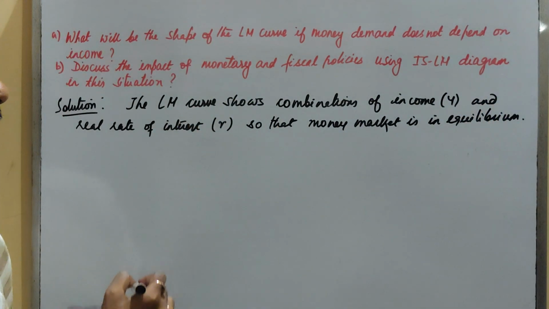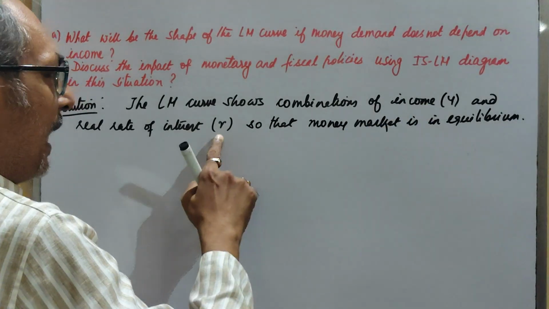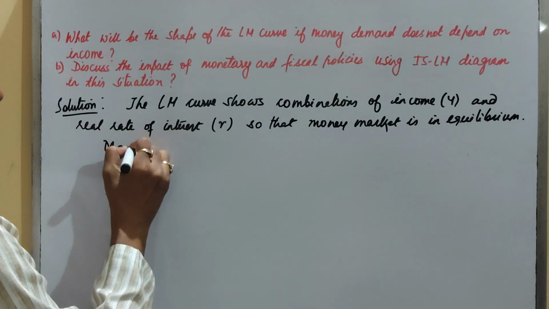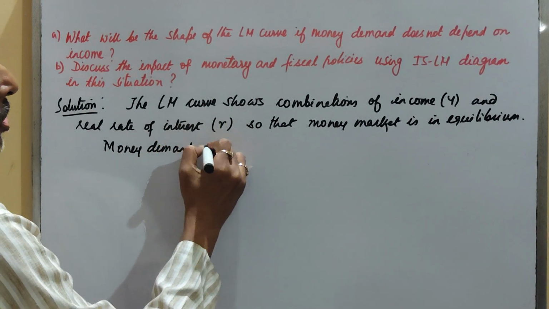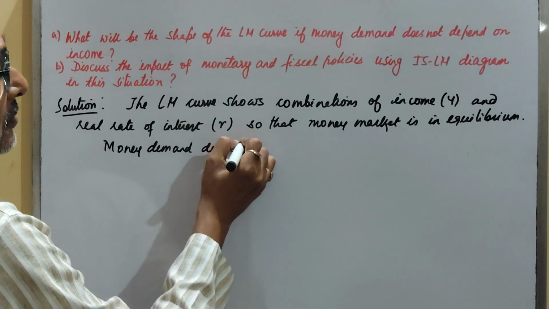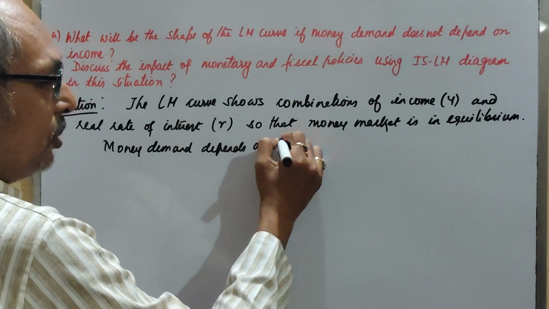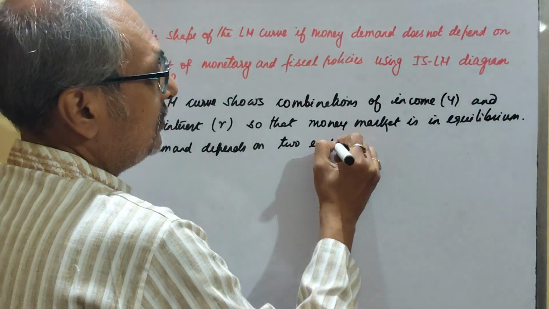The demand for money depends on two things: income and rate of interest. Money demand depends on two endogenous variables.